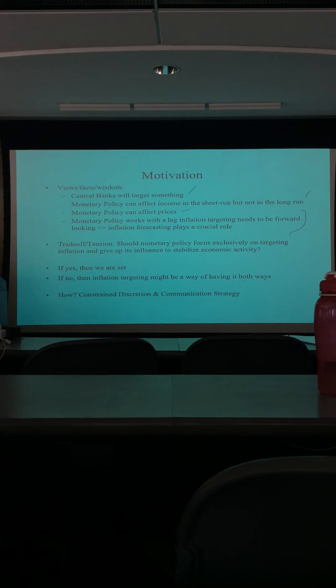Think of this as the religion of central banks. Once inflation is in place, it is too late. So central banks are always trying to avoid being too late. And so when they see a development that is going to affect inflation in the future, they take decisions today. Okay.